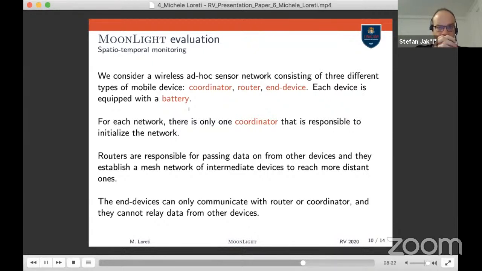For each network, there is only one coordinator that is responsible to initialize the network. Routers are used for passing data from one device to another, and devices can only communicate with routers or with the coordinator.